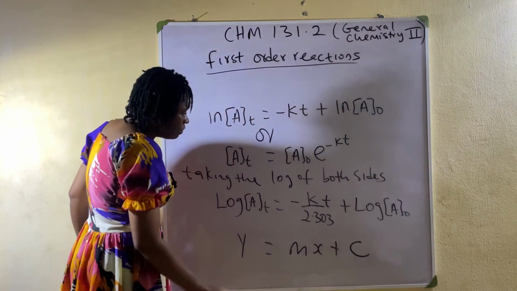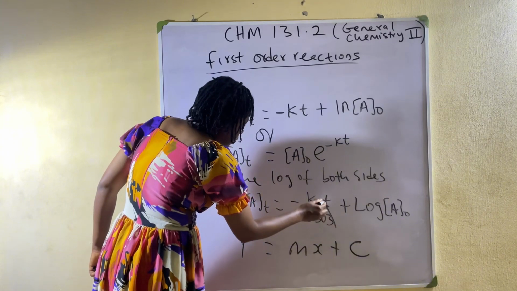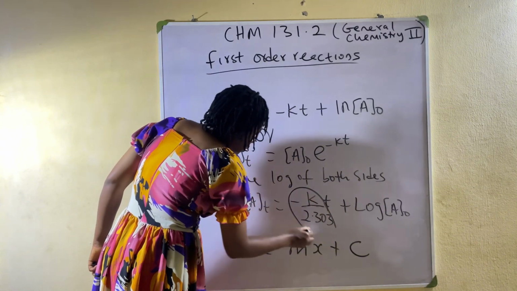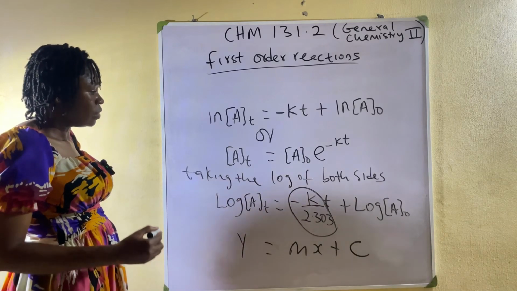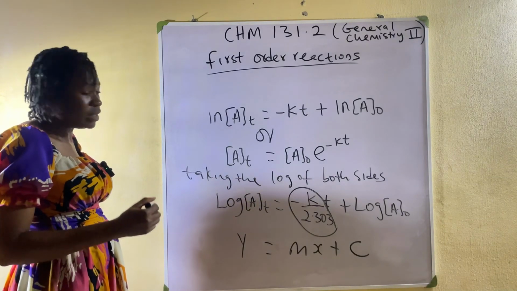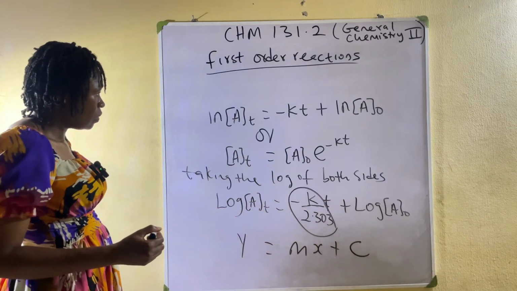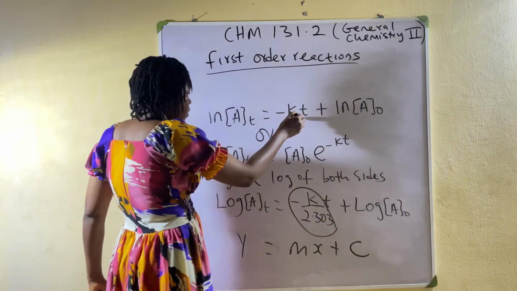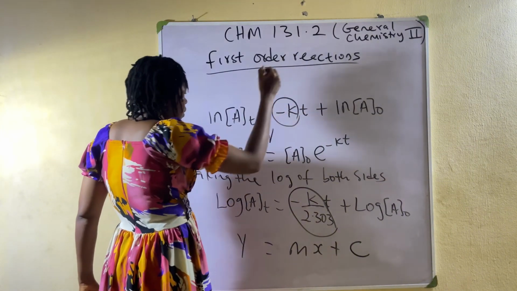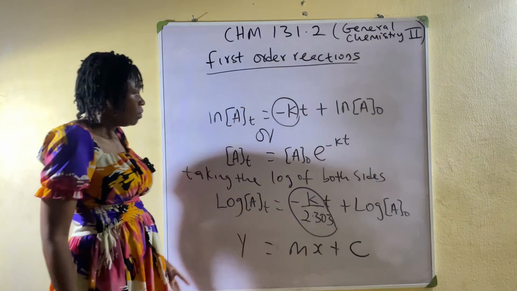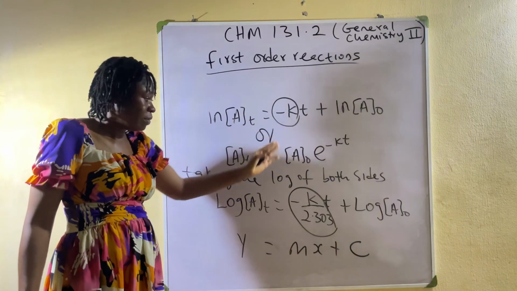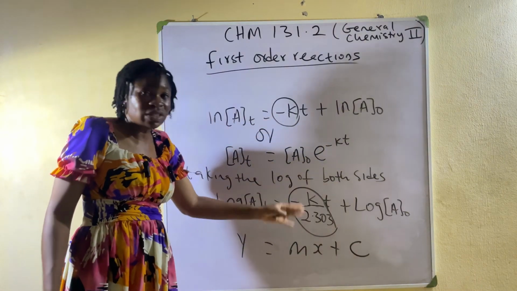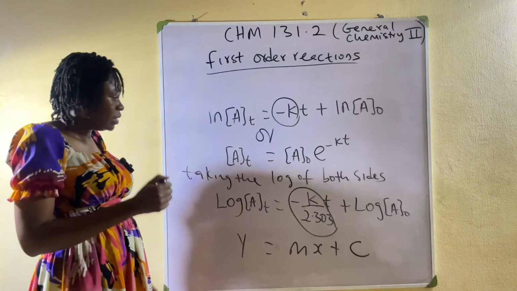The slope of this graph is going to be minus K over 2.303 if I'm using the log, or minus K if I'm using the ln equation.